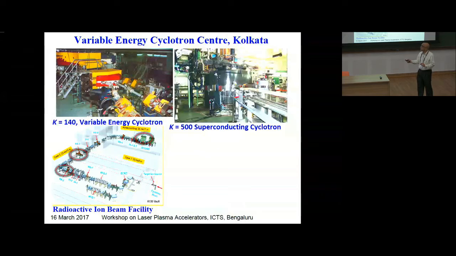It's a room temperature magnet, about 18-inch diameter, and can accelerate protons and heavy ions. It started operating in about the 77 to 79 period. In 77 they started the beam, the first beam was extracted, but finally the experiments started around 79, 80, and that machine is still running today.